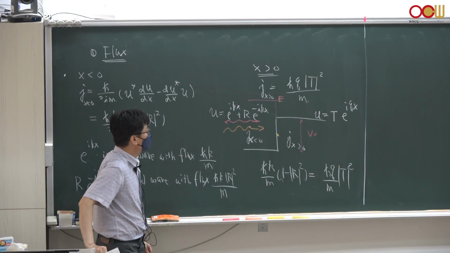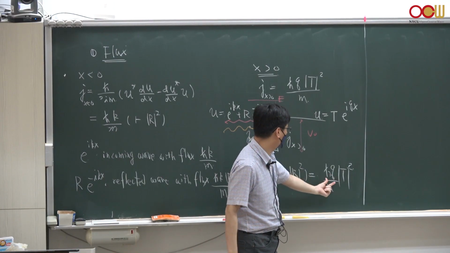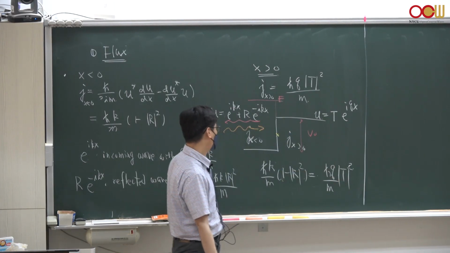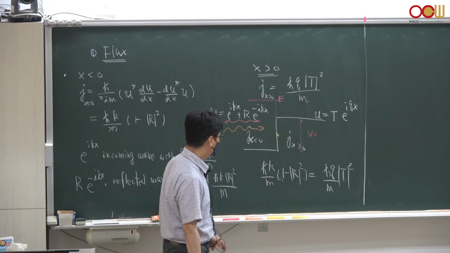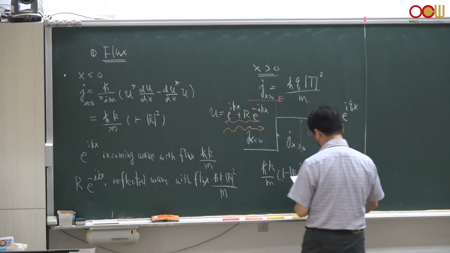In such a case, you can very easily see that on the right you get the flux h bar q divided by m times T squared. These two quantities must agree right at the boundary, so you immediately get the relation between R and T from the flux conservation.